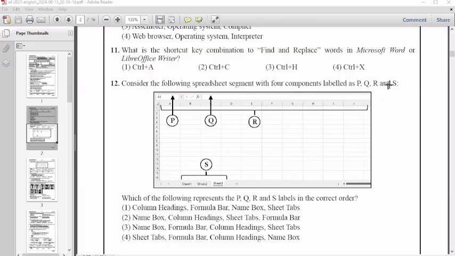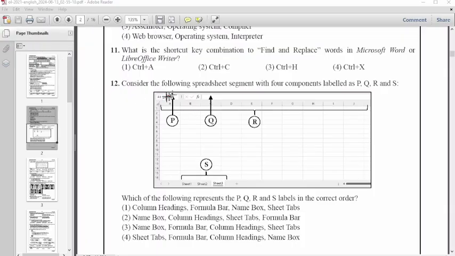Now, when you are doing your O-levels, that means from grade 10, 11, you have to get familiar with hands-on experience using Excel or LibreOffice Calc. When you're familiar with that, you will immediately know the components in the spreadsheet, like a name box.